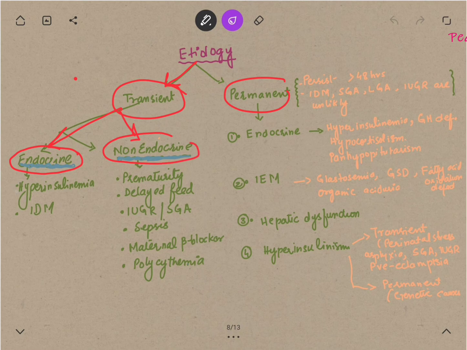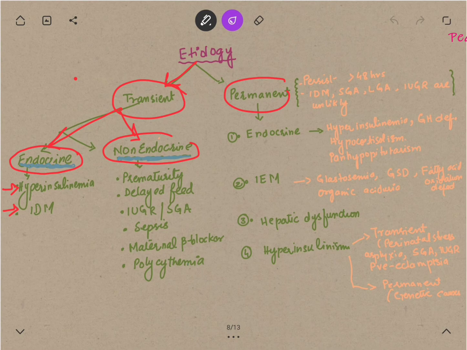In endocrine based, we mainly have infant of diabetic mother and hyperinsulinemic states. Hyperinsulinemic states can be like stress hypoglycemia in cases of birth asphyxia, preeclampsia, and small for gestational age.